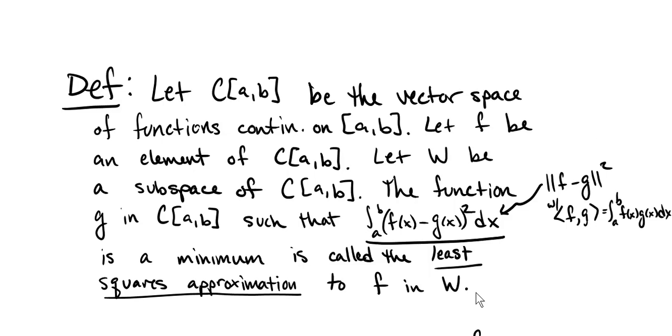The norm of the difference between f and g, that's the distance between f and g, it's just that squared. And so we're saying the function g that we can put in here to make the difference between our two functions squared as small as possible, we call that the least squares approximation to f. In other words, it makes the difference between f and g as small as possible in this usual inner product space.